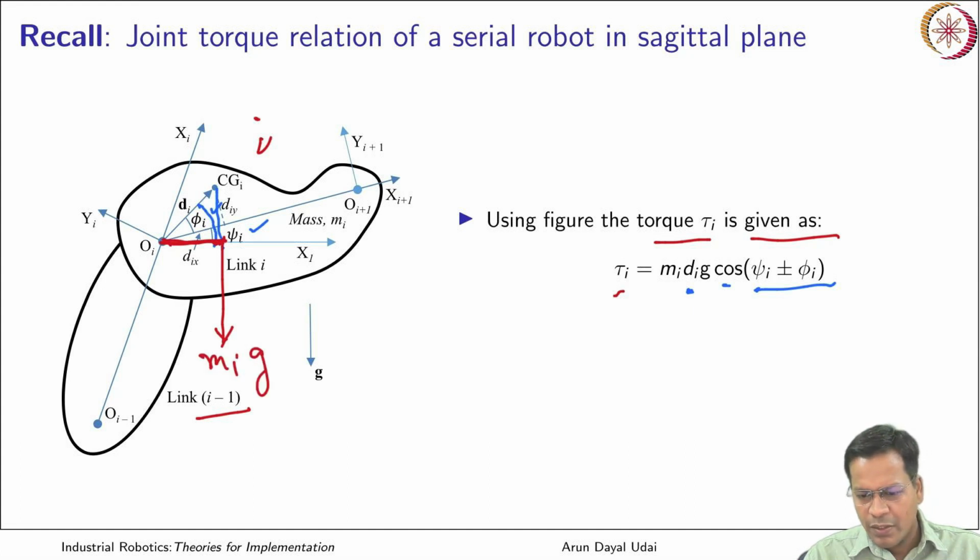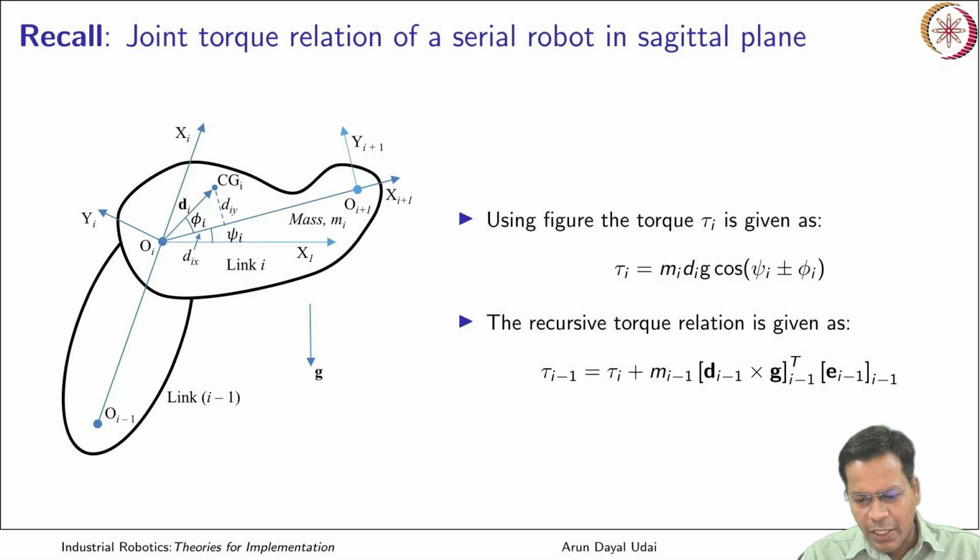So di cosine xi I plus phi I into MIG. So that is the effective torque that is along this axis. So that is tau I. Okay, so this is first thing. And next one is the recursive torque relation, given as tau I minus 1. So whatever you see over here, tau I minus 1 is because of the torque which is here already.